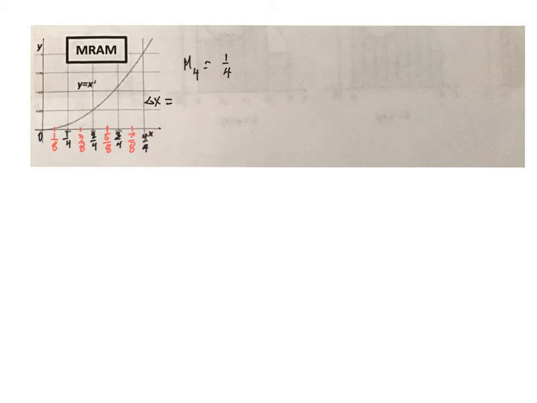We're using the same base, delta x, but the midpoint is (1/8)², plus 1/4 times (3/8)², plus 1/4 times (5/8)², plus the last rectangle, same base, 1/4 times (7/8)².